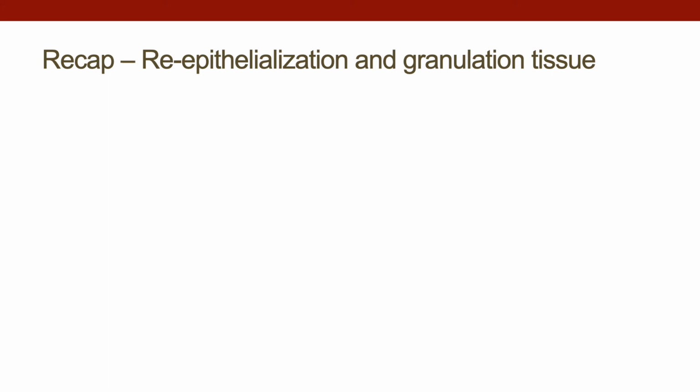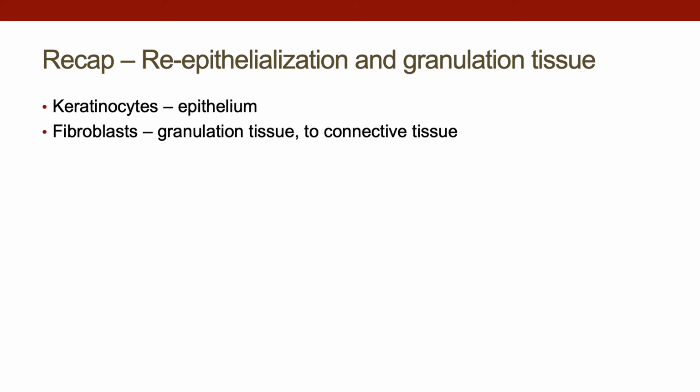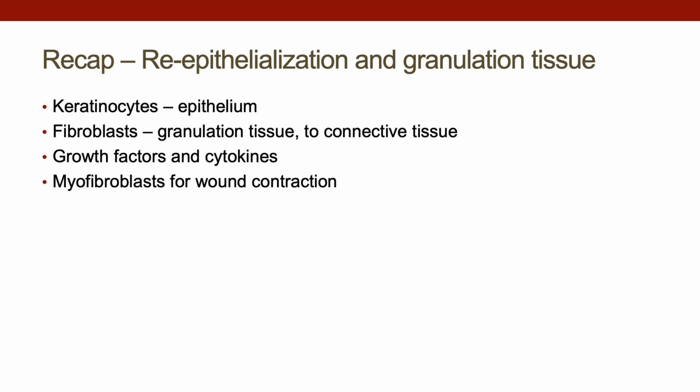And in terms of reepithelialization and granulation tissue, the keratinocytes make the epithelium. Fibroblasts make the granulation tissue, and they go on to produce connective tissue. And growth factors and cytokines, again, are involved. The myofibroblasts are derived from the fibroblasts and can contract the wound to make it smaller.